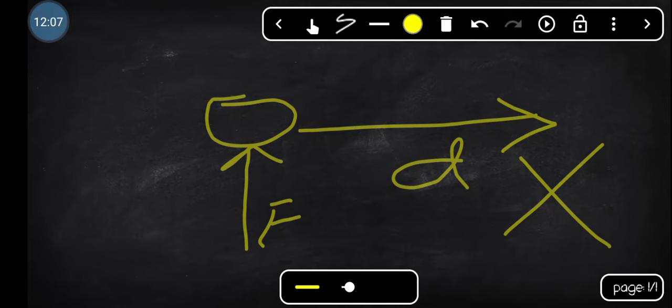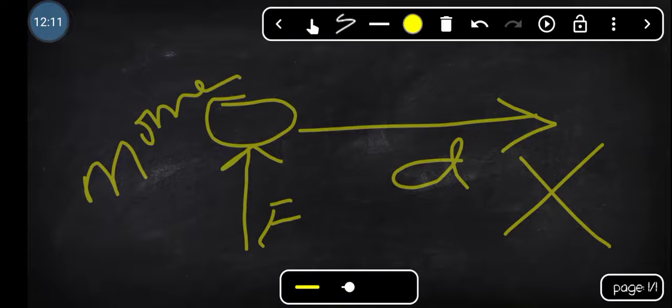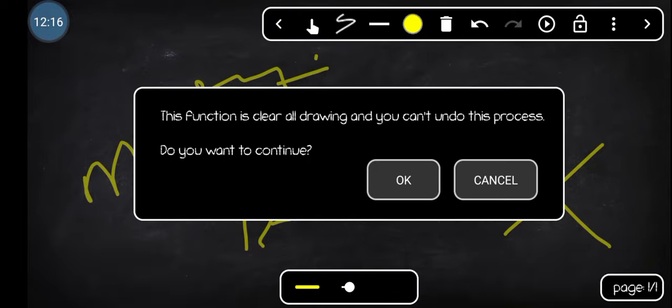This type of situation is what we call moment of a force. So that is not work.